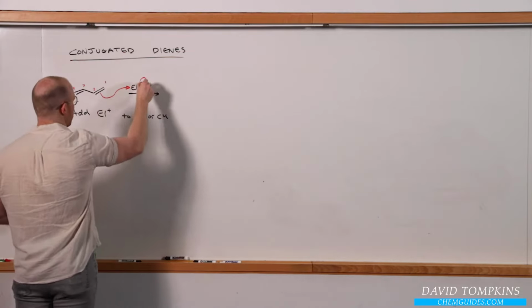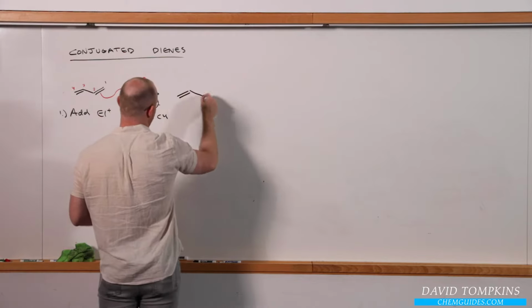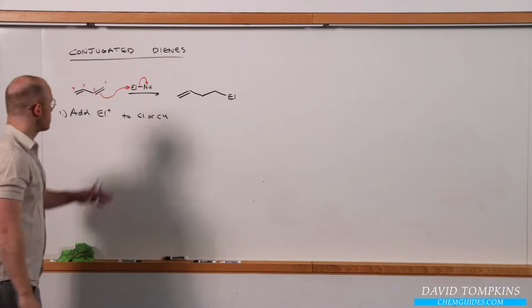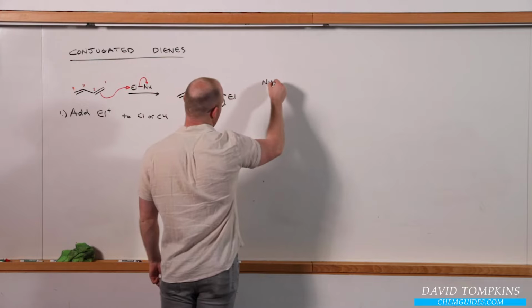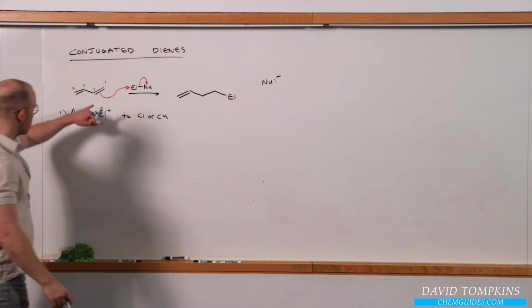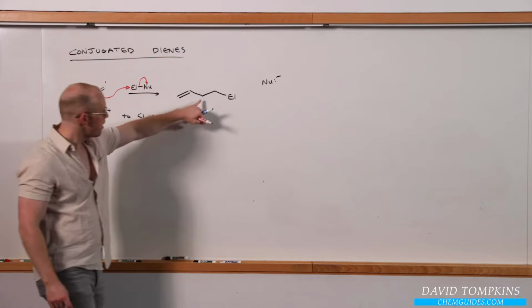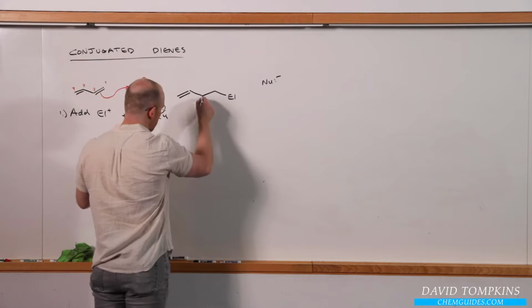So adding the electrophile to C1 gives an intermediate that's a carbocation. The nucleophile, or the eventual nucleophile, is now in solution. That serves as a leaving group. And this carbon 2, the internal carbon, had a single hydrogen, and it still just has one hydrogen. And therefore, that is a carbocation.